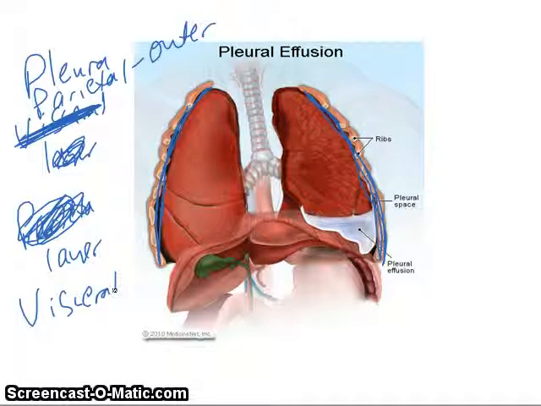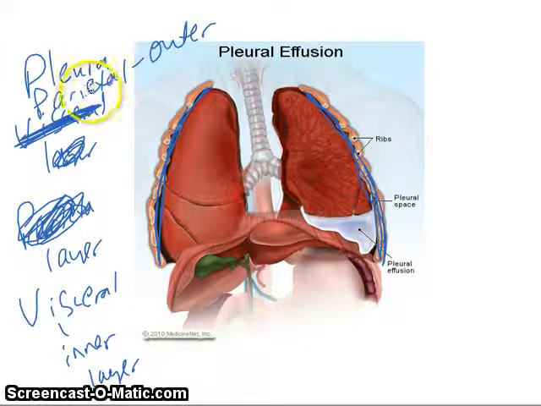The word viscera means organ, so that's how I can remember the visceral layer is the one that's closely adhered to the organ. So the visceral layer is always the layer that's closest to the organ, and I always think of it like saran wrap. The visceral layer is wrapped tightly around the organ, and that is the inner layer.